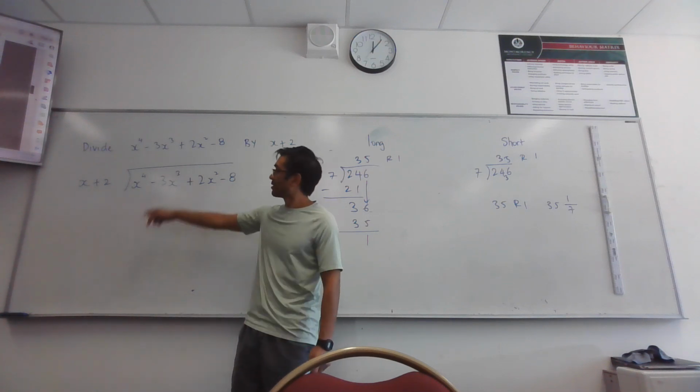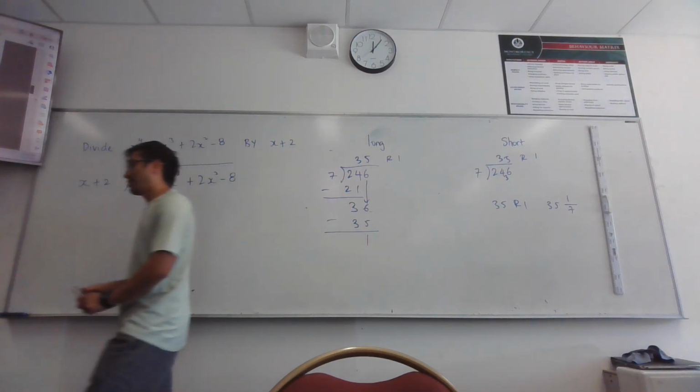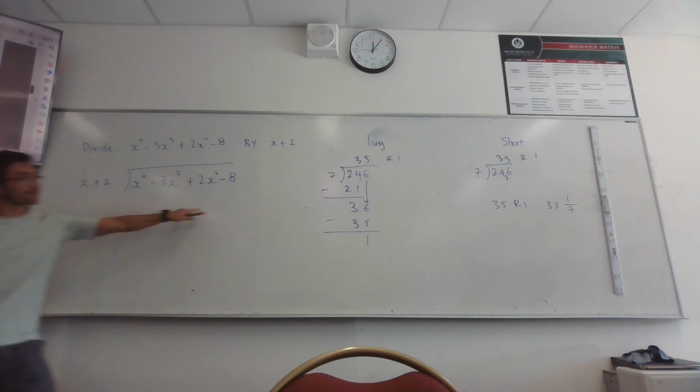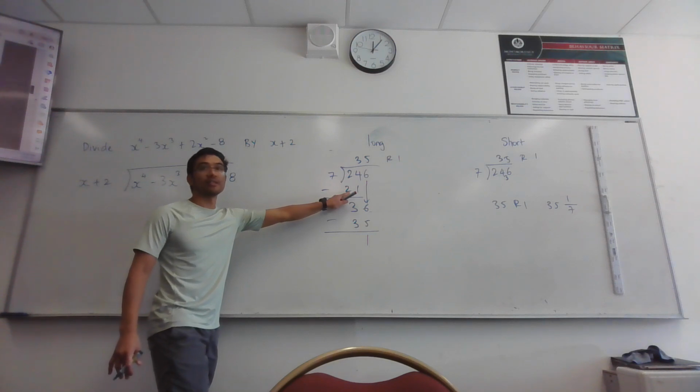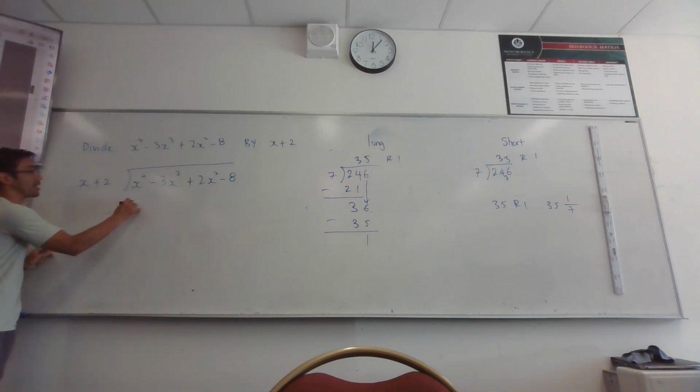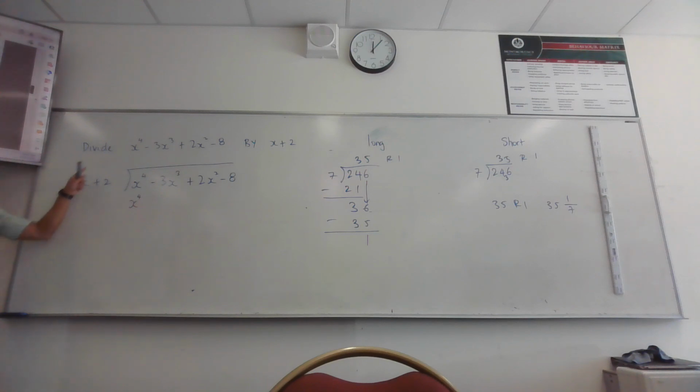All right. Let's get into this. The goal in long division is to create a sort of answer in here underneath. And the way we do that, x into x to the power of 4. I want to achieve another x to the power of 4. But x times something makes it x to the power of 4.